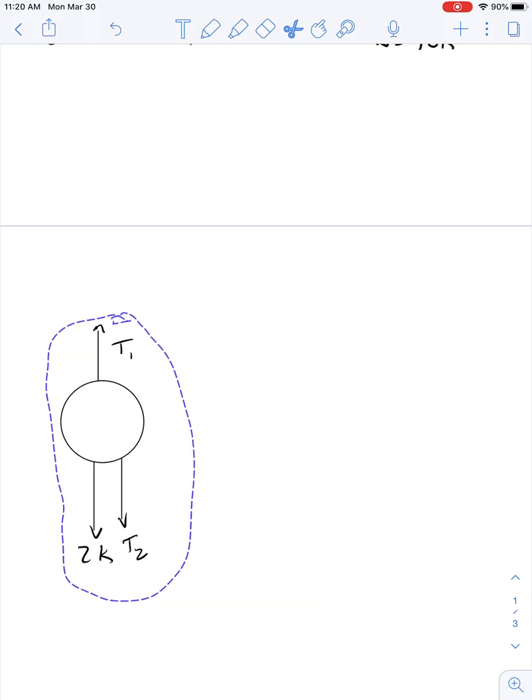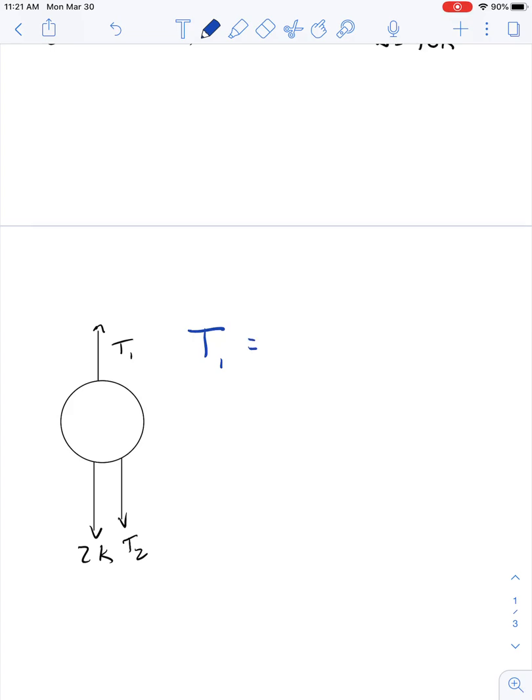Okay, so we are interested in the force of tension T1. So first of all, I'm going to look at my FBD, and I'm going to note that the forces are balanced, so therefore the force that T1 is giving to the ring must be equal to the 2 forces acting downwards, 2K plus T2.